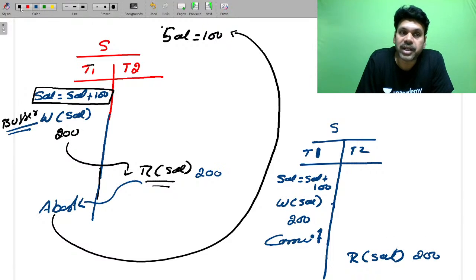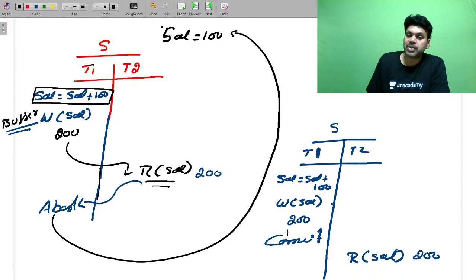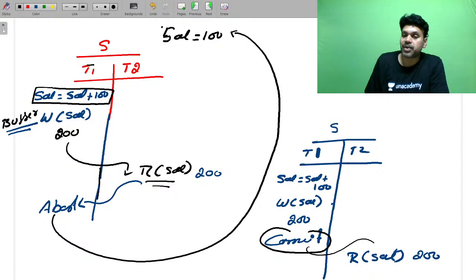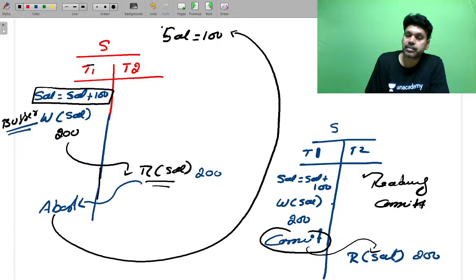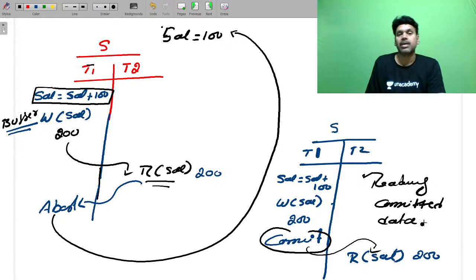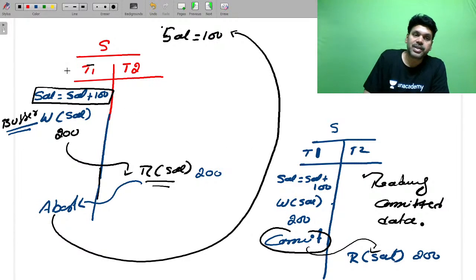This is not an uncommitted read. It is reading committed data, because it is already committed and you are trying to read. So this is the point of reading committed data. And this is reading uncommitted data.